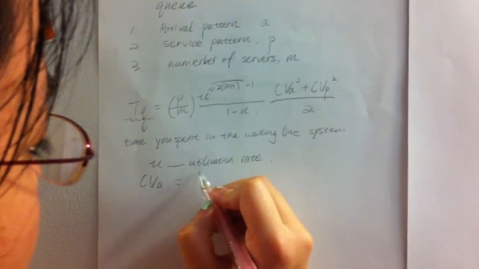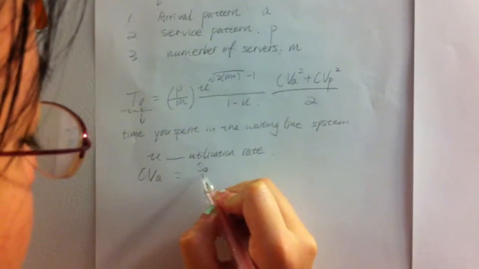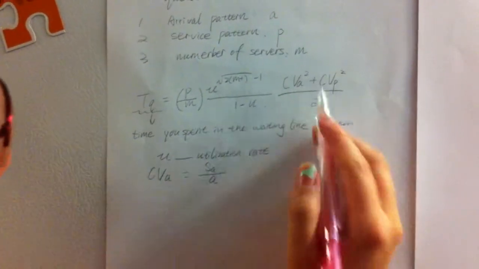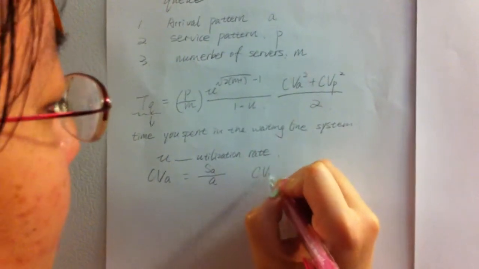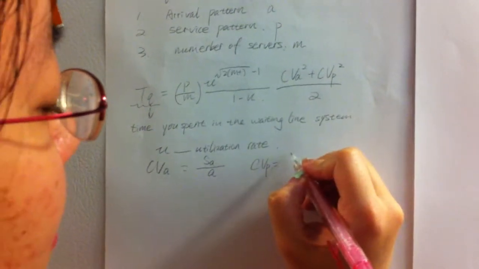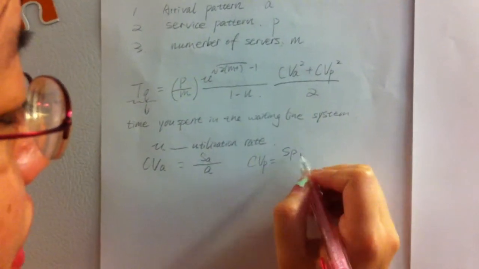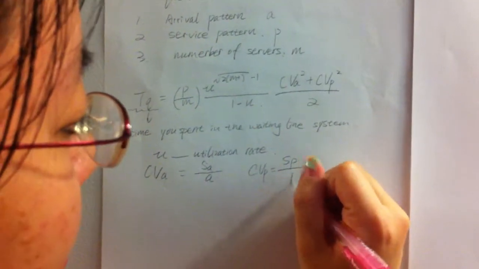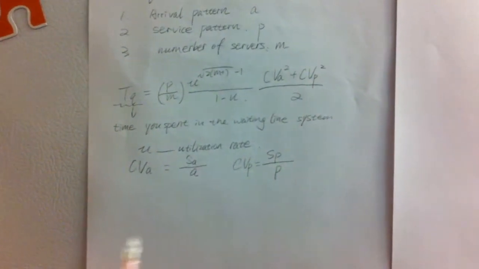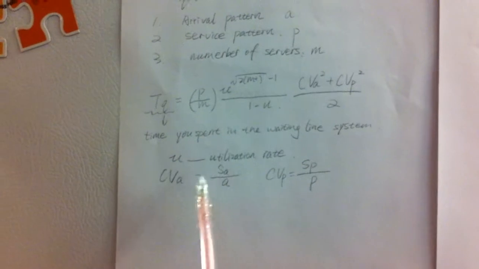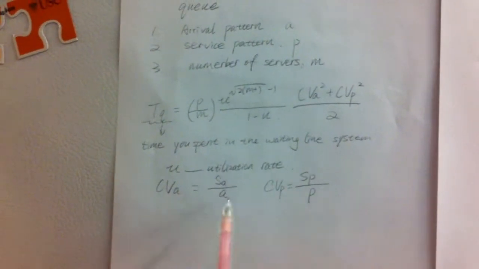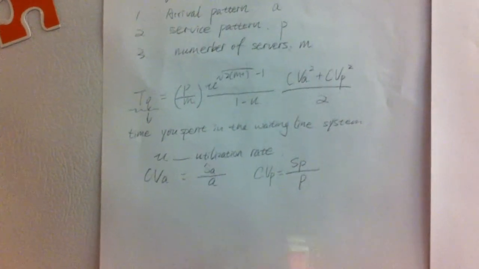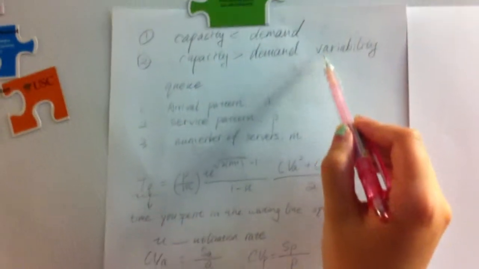This basically equals the standard deviation of inter-arrival time divided by inter-arrival time. And similarly, CVP equals the standard deviation of service time divided by service time. We know why there's standard deviation, because the inter-arrival time varies and the service time varies. Those are the variability here.